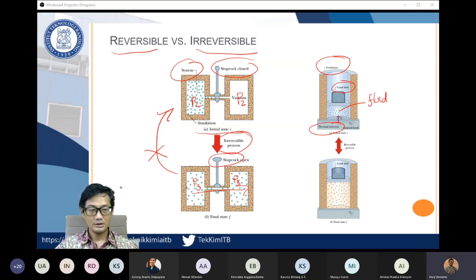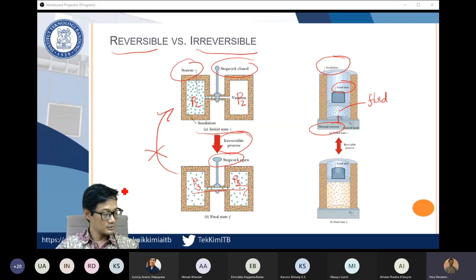What will happen? The heat will be absorbed by the system. The fluid will receive extra energy coming from the heat, and the gas will start to expand. Because of this expansion, there will be an increase in volume.